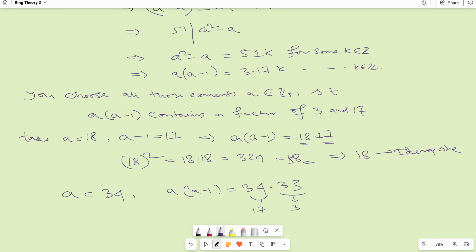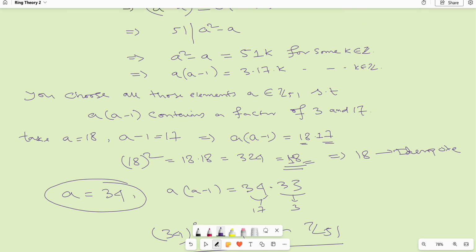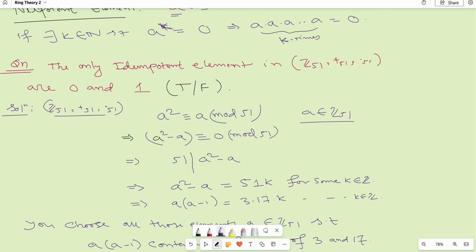So this element should definitely satisfy this equation. So 34 square will be 34 in Z51. So 34 is an idempotent element, 18 is an idempotent element in Z51. So this statement is clearly false, right?